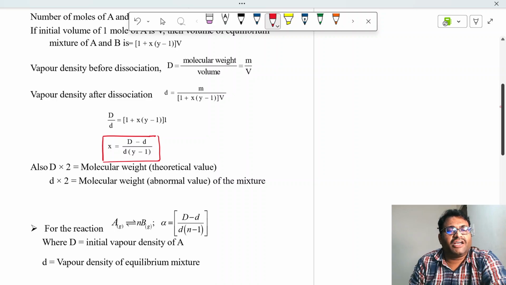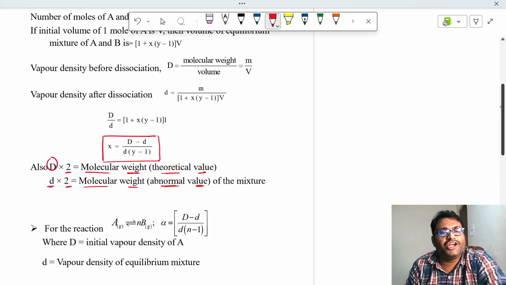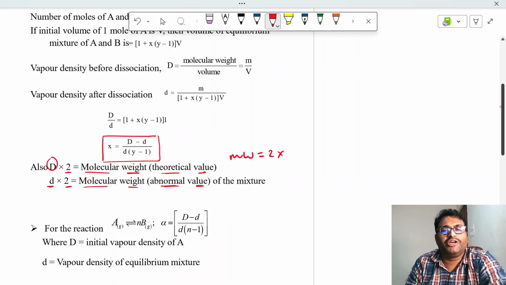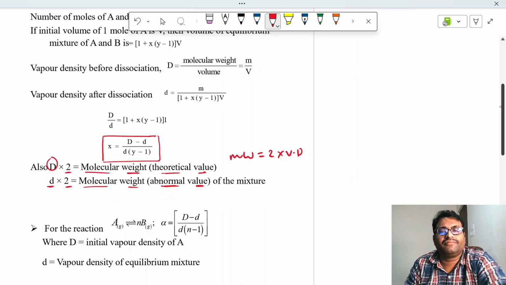Based on this formula we are asked questions, right? This is all the derivation I have derived. And there is another relation: theoretical molecular weight is equal to capital D into 2, before dissociation. After dissociation, abnormal molecular weight is equal to d into 2. Overall, molecular weight is equal to 2 into vapor density. This formula we need to remember.